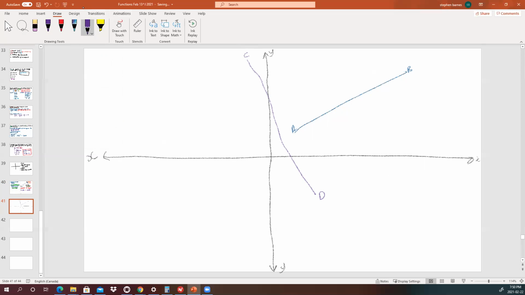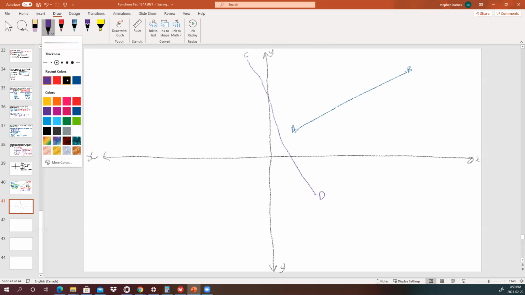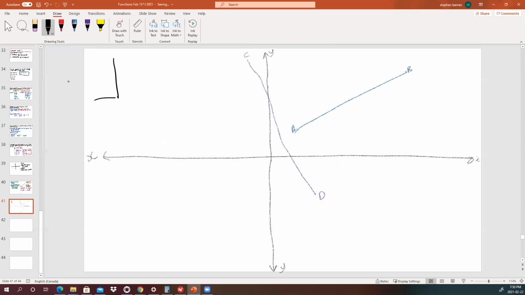Now, this is slanted, so you can't appreciate what the relationship between this line is, but I want you to remember what a perpendicular line is. I don't know if you've ever seen this drawn before. Perpendicular line. So if this was a line called AB and this was CD, you would say CD is perpendicular to AB.